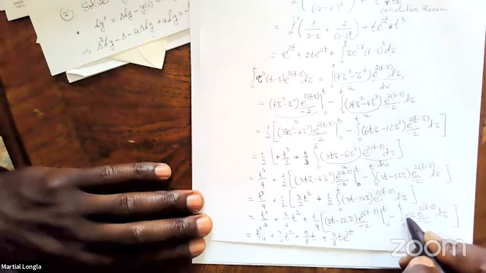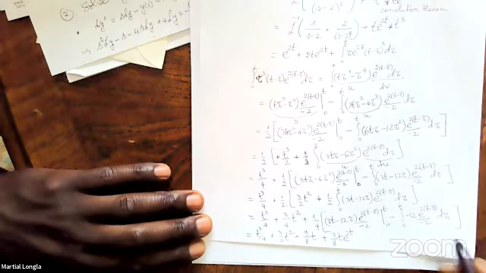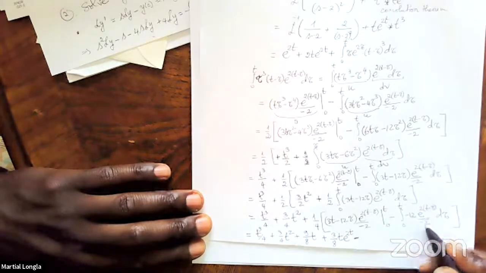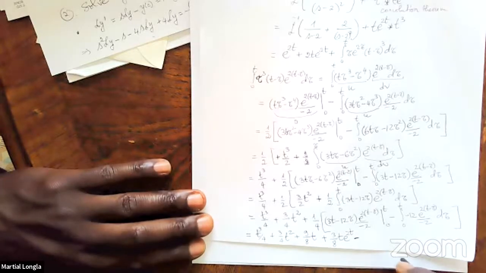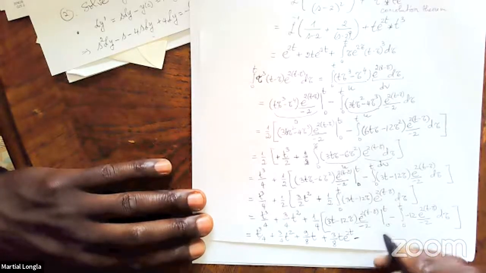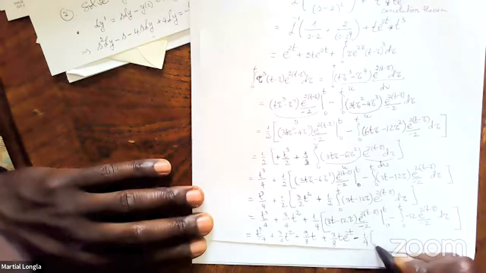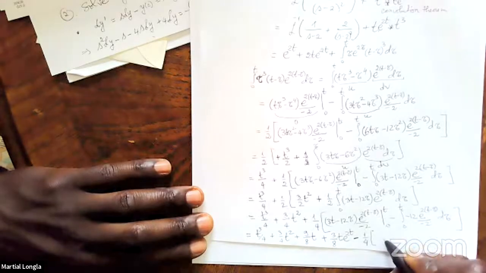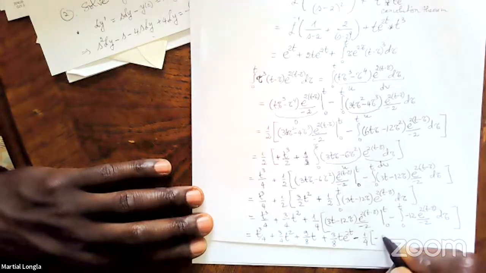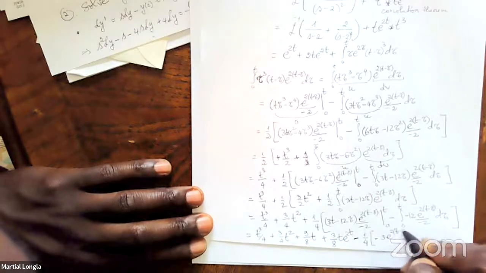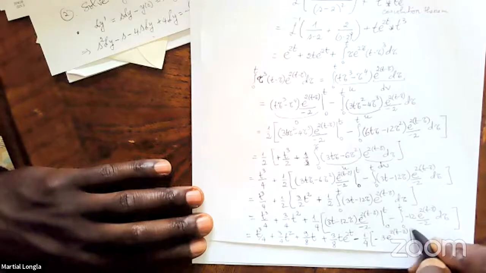So minus, minus, and plus, that turns into minus. And then 12 over 2, that's 6. Okay. So we get 1/4, and then 6. When you integrate, you get (3 minus 3 e to the 2 times (t minus tau)) from 0 to t. That's it.